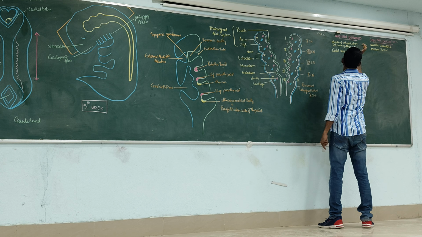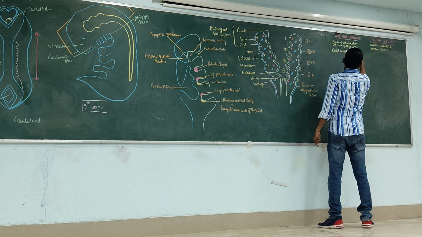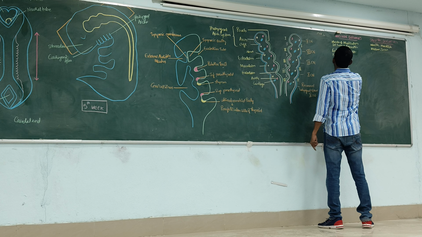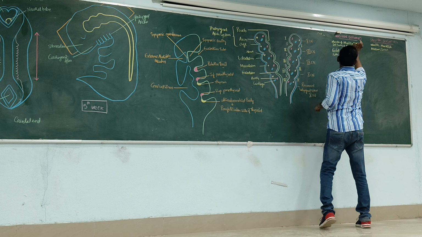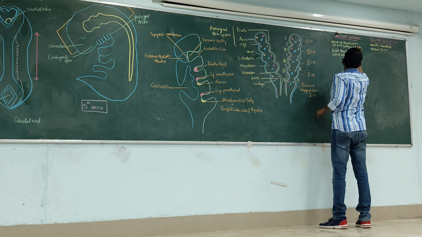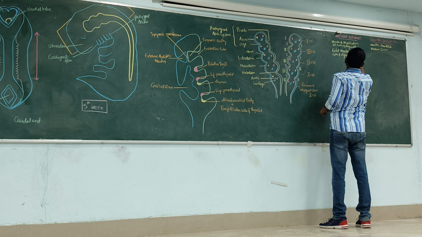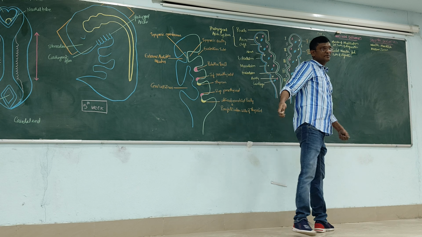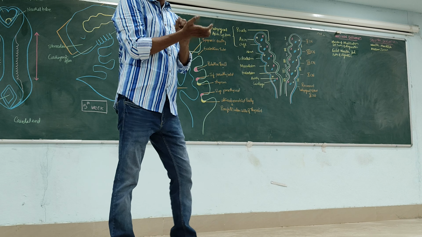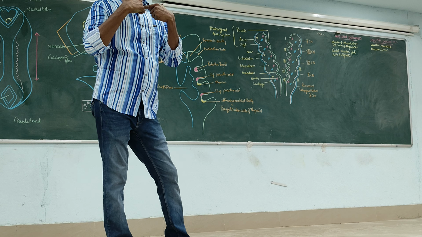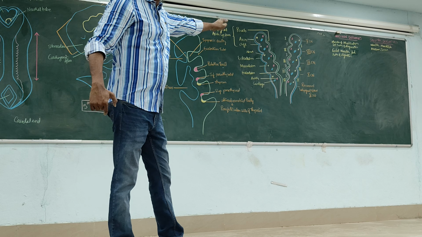It also develops the posterior belly of digastric. Okay? It also develops the anterior, sorry, I'm confusing myself. Anterior belly. This was the posterior, right? So it also develops the anterior belly of the digastric.